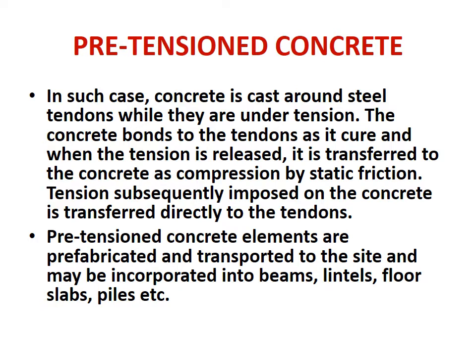Pre-tension concrete elements are normally prefabricated and transported to the site, like bridge structures. In buildings also, such members are prefabricated and transported to the site, such as beams, lintels, floor slabs, piles, etc.